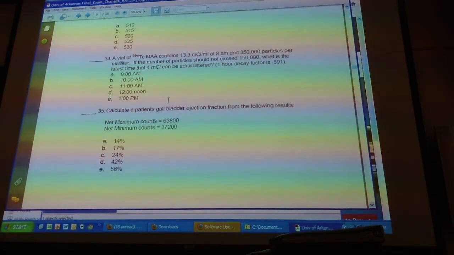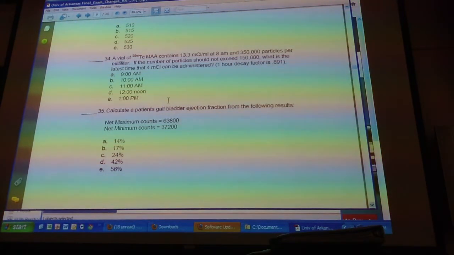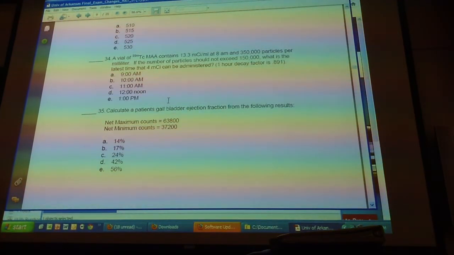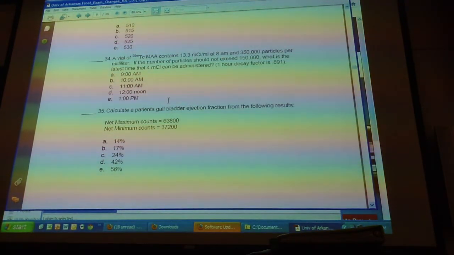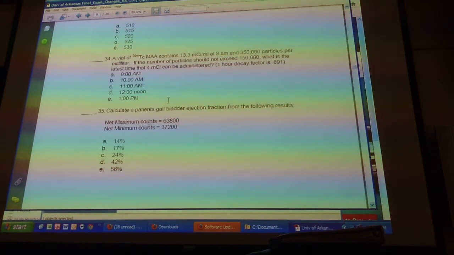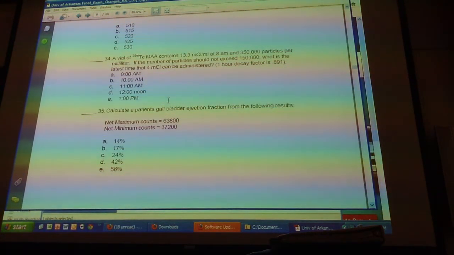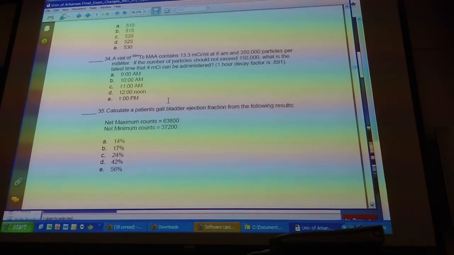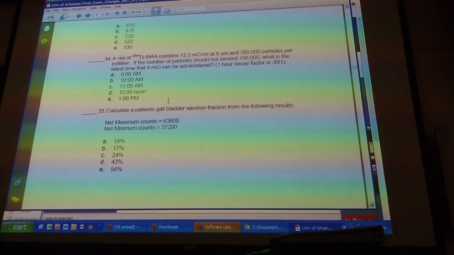Have you guys gone through this? What do you need to know to quickly solve this problem? How many half-lives? How many particles per ml? Remember, the particles per ml is not going to change, correct?